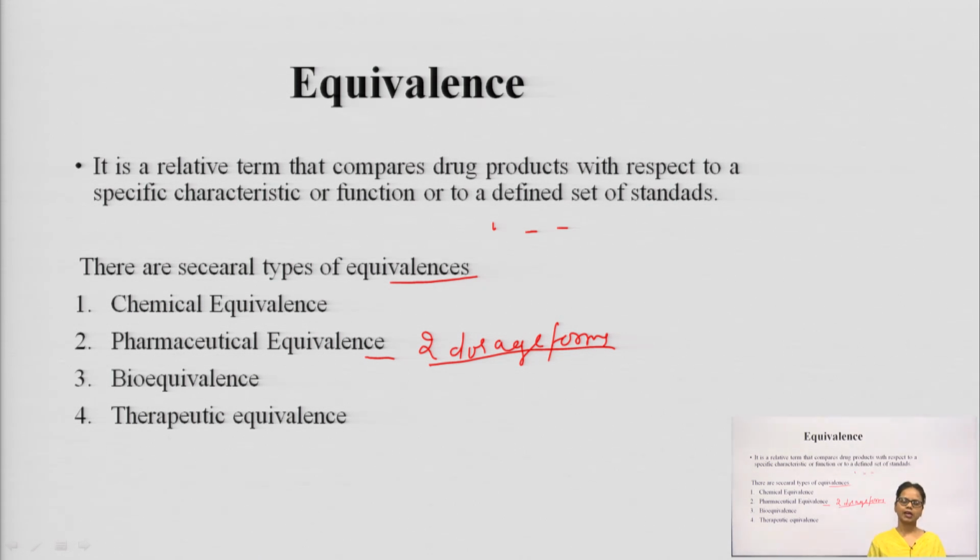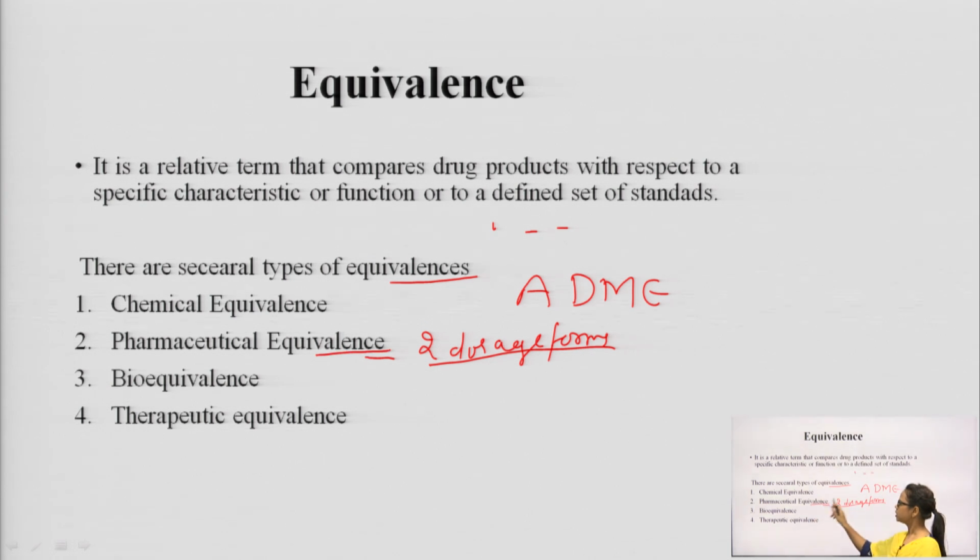In bioequivalence studies, we study the bioavailability and other pharmacokinetic factors. The other pharmacokinetic factors are absorption, distribution, metabolism and excretion.